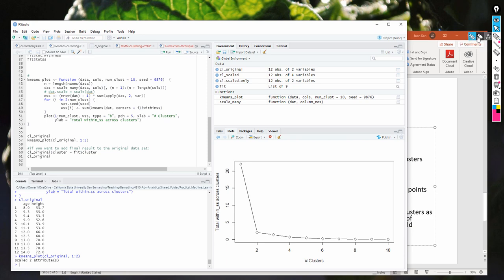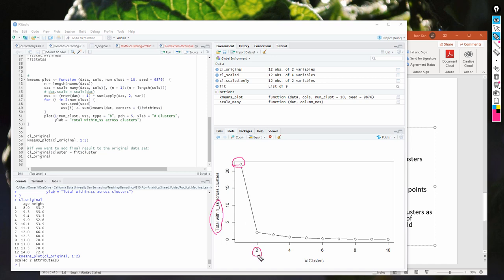So this is the total within SS across the clusters, and this is the k value. When there's no cluster, the total within SS is about 22.